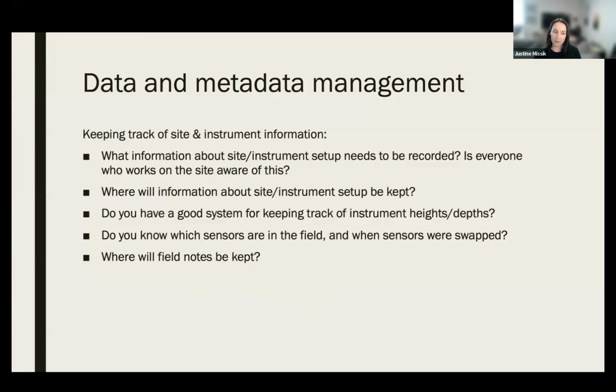By that point you can't remember what was going on at the site at that time. And you don't know if this measurement is looking weird because the instrument was switched to a different instrument, or what happened. So these things are important to keep track of.